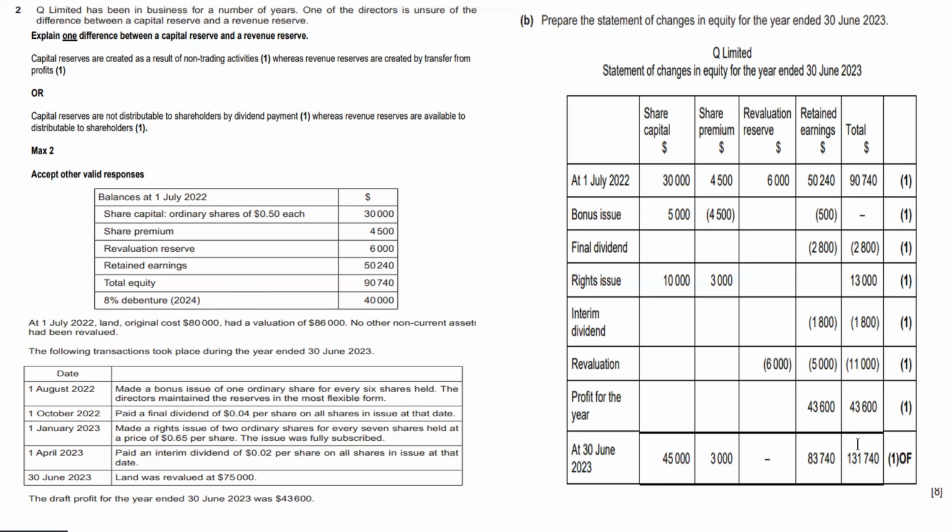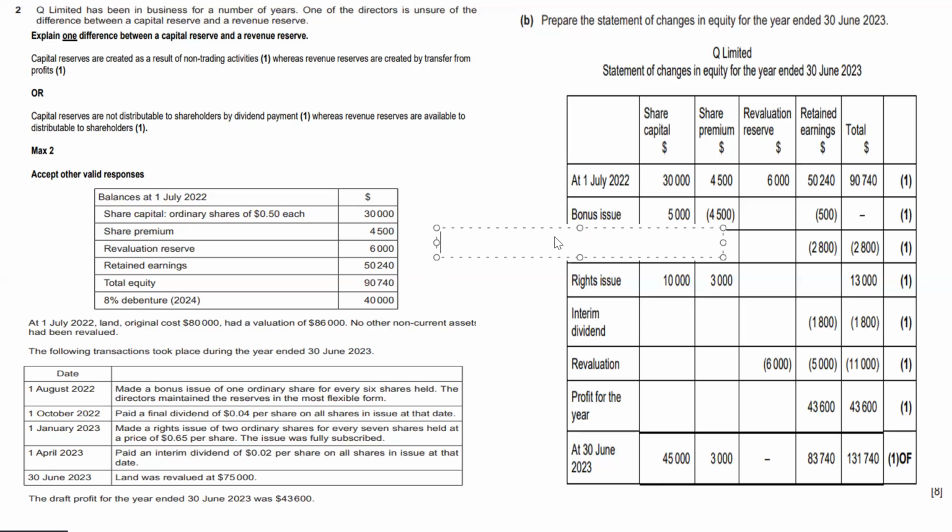Share capital is 45,000. Share premium is 3,000. Revaluation reserve is nothing. Then retained earnings is 83,740. So you add all of this and you will get 131,740. This is your new equity. Are you with me?